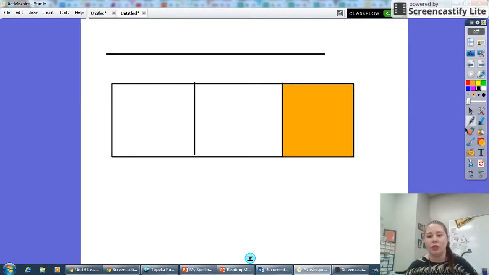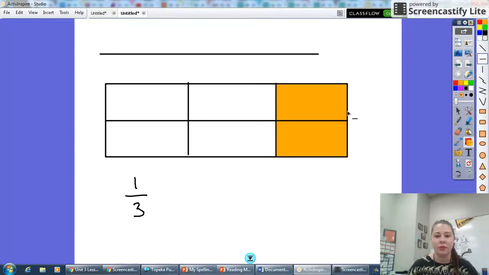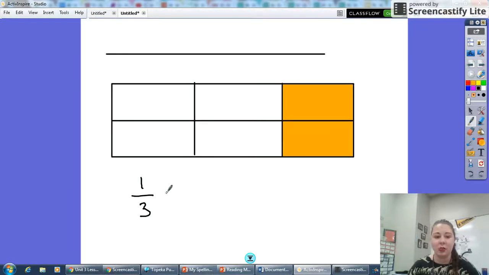Okay, so right now I have shaded 1/3. If I split my model in half, instead of having 3 pieces, I will now have 6 pieces. It's still the same. My fraction is still equivalent, but instead of having 1/3, I would label this fraction as 2/6.